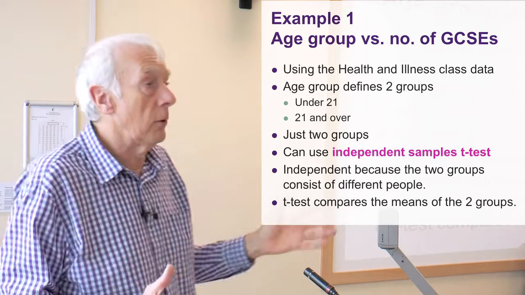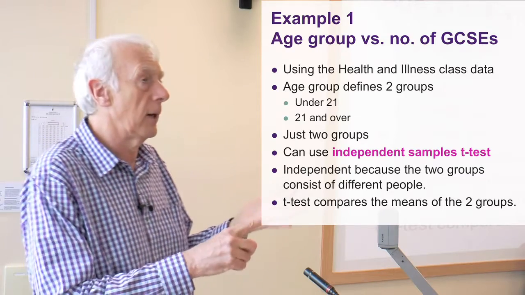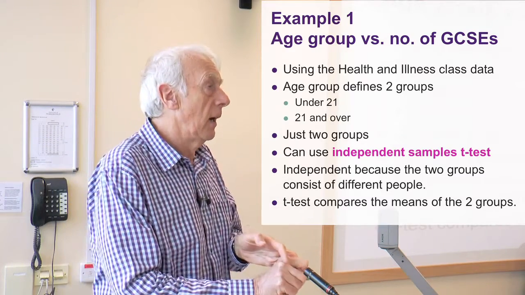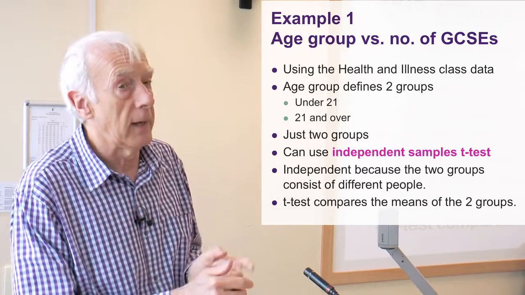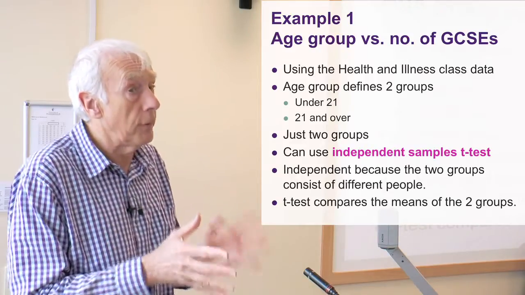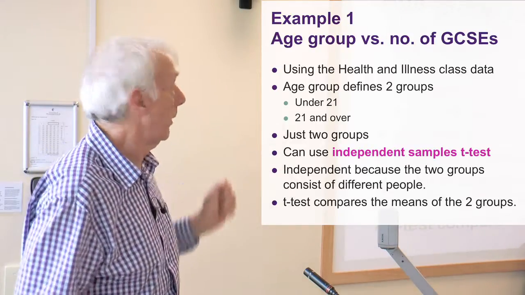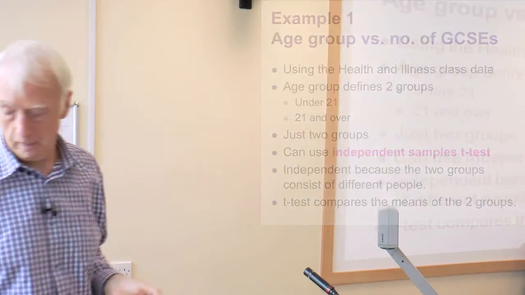If you've got three groups, so if you've got people coming from different towns, people from Bradford, Huddersfield and Leeds, then you can't do a t-test on that. You need another test, and we'll come back to that later on using analysis of variance. But if you've just got two groups, and we often do have just two groups, like we've got here with age, then the t-test is a perfectly adequate test to look at that.